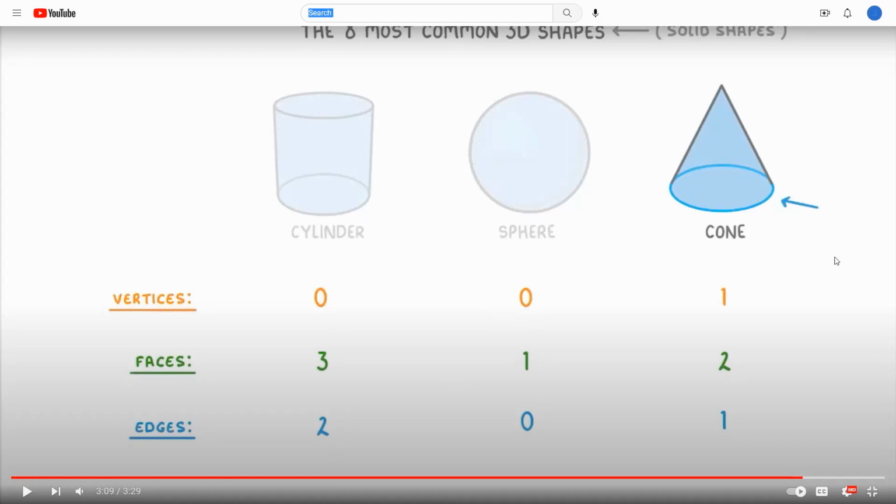And then the cone has a vertex, basically it's a pyramid with a circle base. So you have your vertex, two faces, the base and the part wrapping around, and then the one edge by the base.